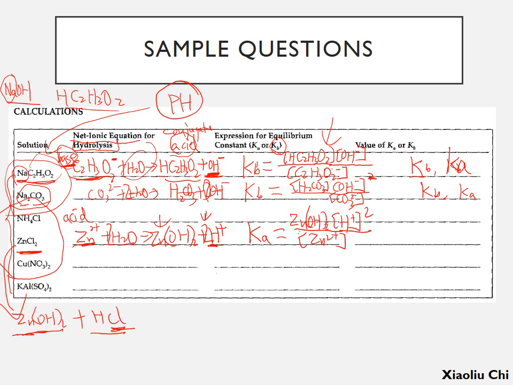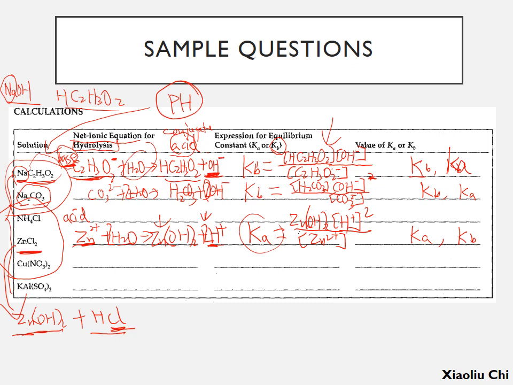Do not include water. Otherwise it's just an equilibrium constant. Ka is similar to equilibrium constant, but not the same. You don't include water concentration. And then from the pH value, you calculate the Ka, you calculate the Kb.